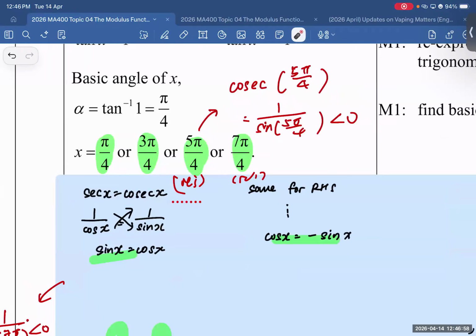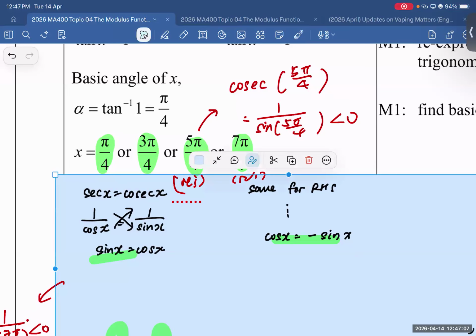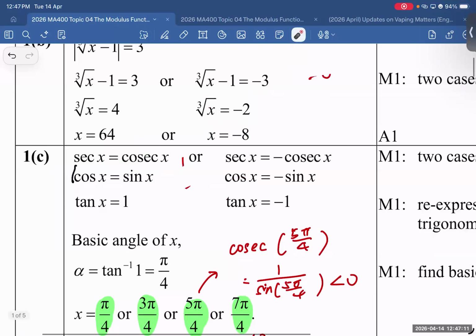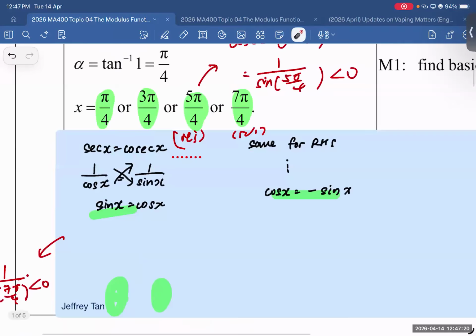Cosine equals sine, cosine equals negative sine. Which one? The blue box. From this step to this step, that's the blue box.